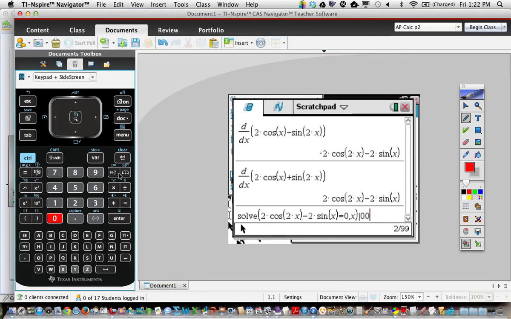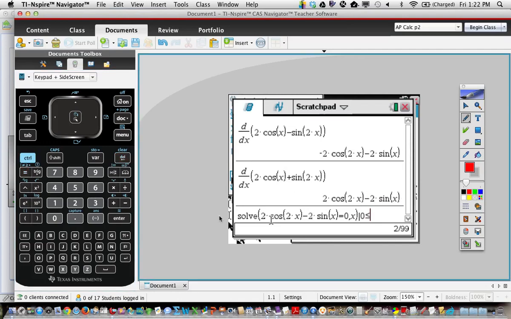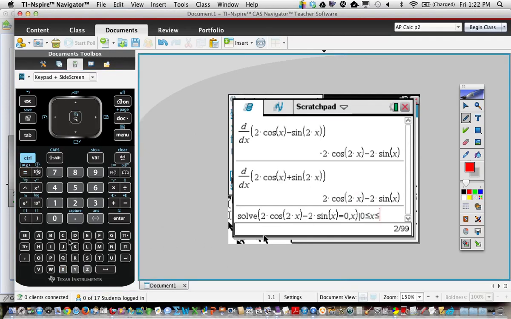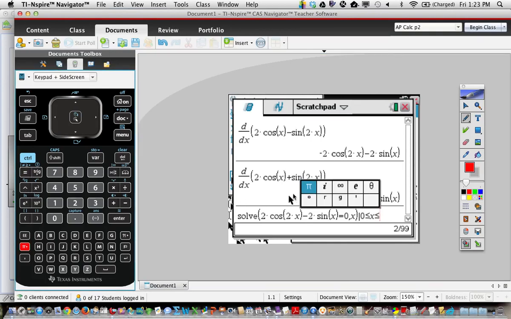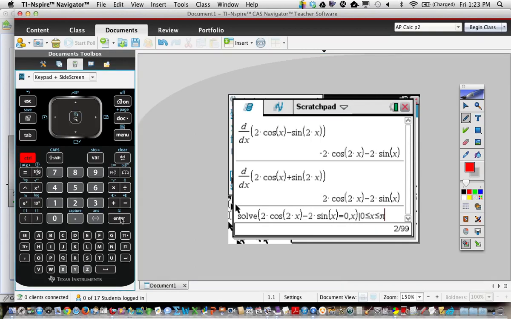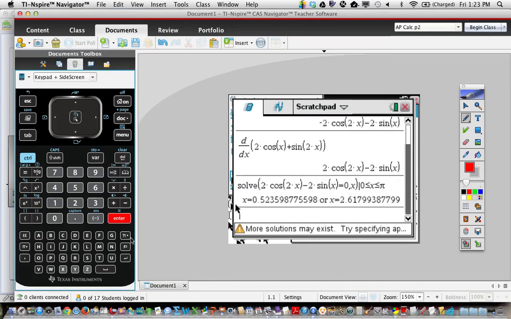So we go 0 less than or equal to x less than or equal to pi. And when I'm using my calculator, I would always hit Control Enter, because I know the reason I'm using the calculator is that it probably doesn't come out nice. And even if you don't, it gives you a decimal on this one anyway. Now it turns out that that's pi/6 and 5 pi/6, to be honest with you.